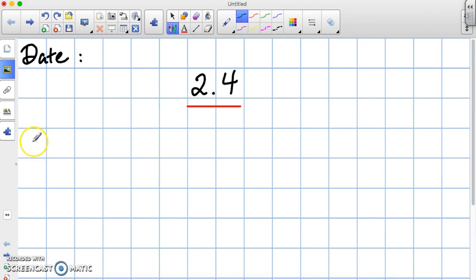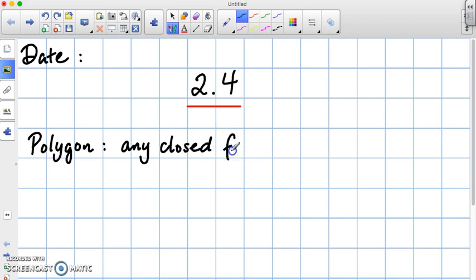And the first definition we'll deal with will be polygon, because we'll be dealing with polygons in the next few lessons. So a polygon, if you remember from previous years, it's any closed figure made up of straight sides.